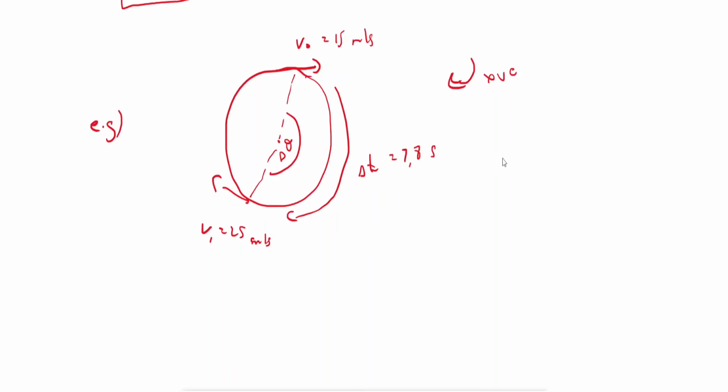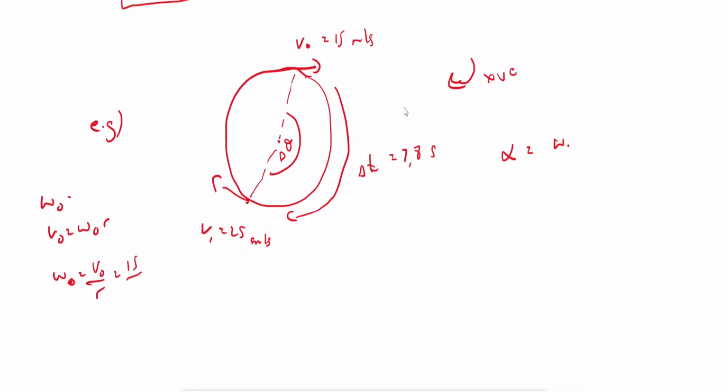For instance, I could find the omega, which is going to be equal to omega. All right, so I don't know what omega 1 is, so I could find omega 0. Omega 0, I could find that using the fact that V0 is omega 0 r. So omega 0 is going to be V0 divided by r, which is 15.